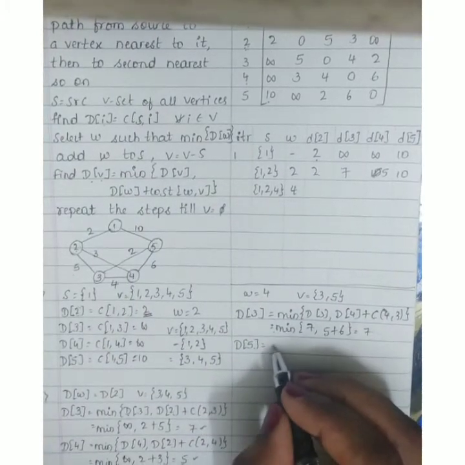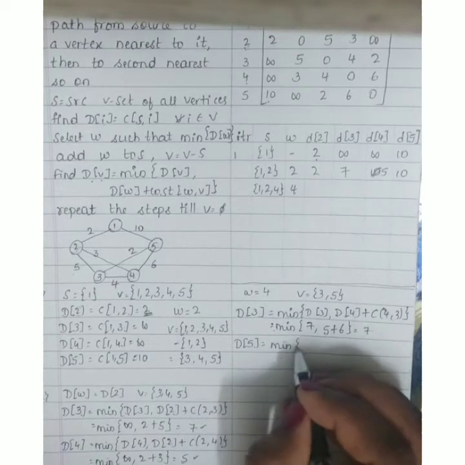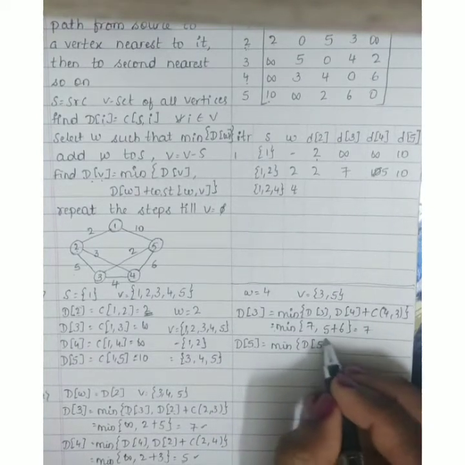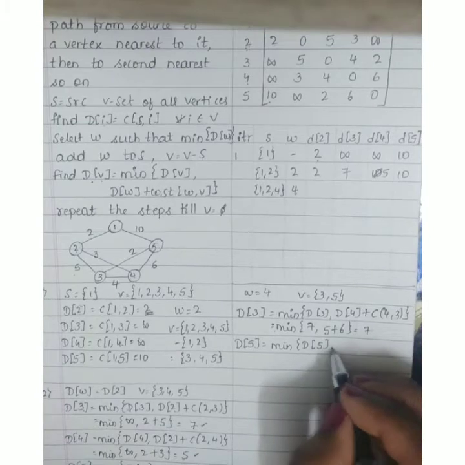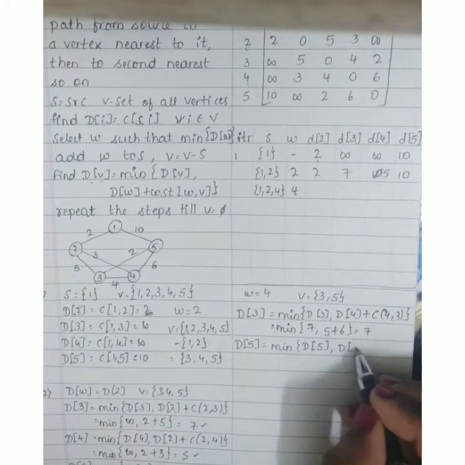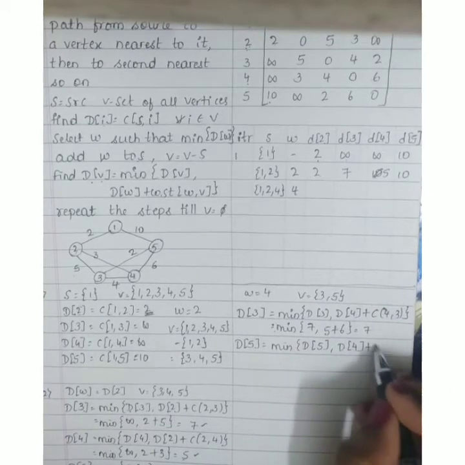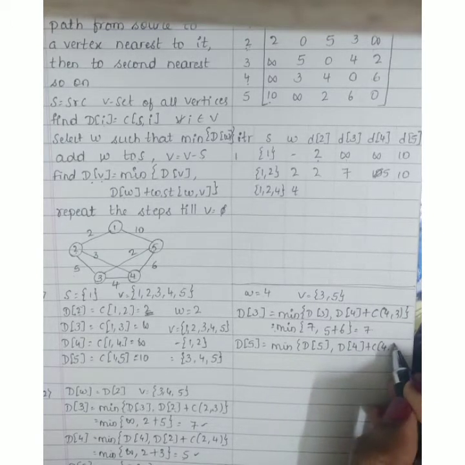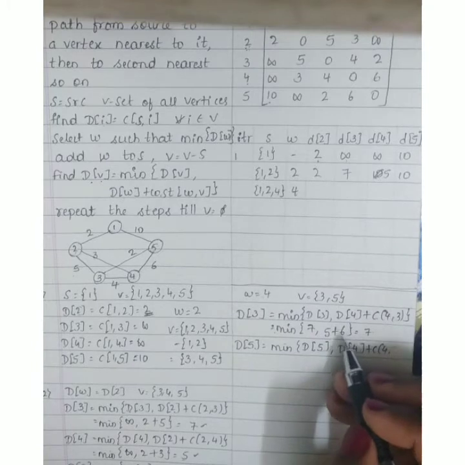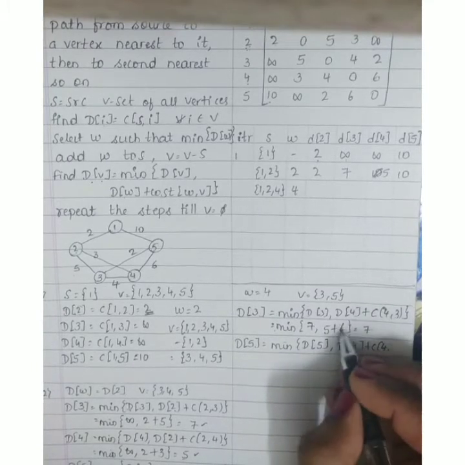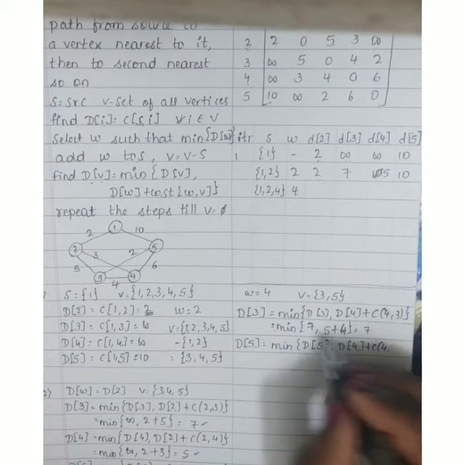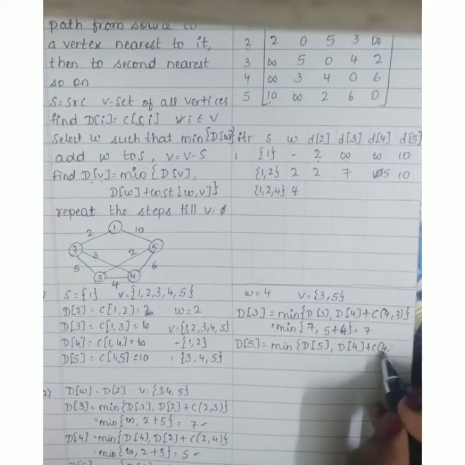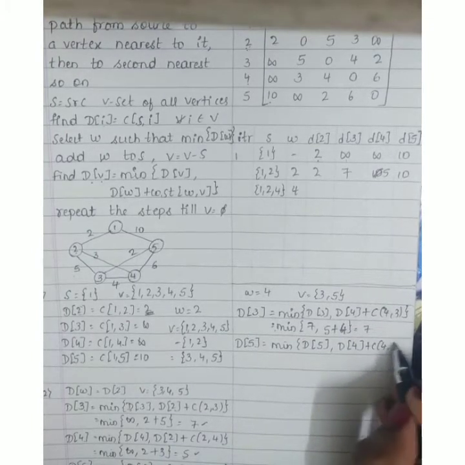Then d5 is minimum of d5 comma dw. W is 4 plus cost from 4 to 5.